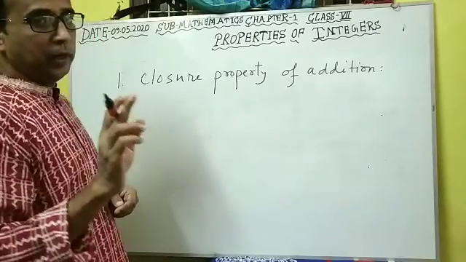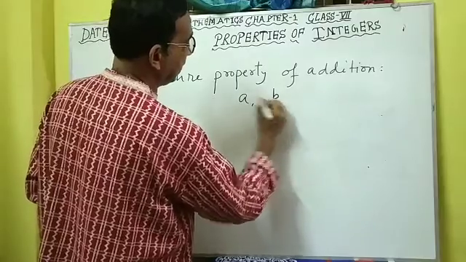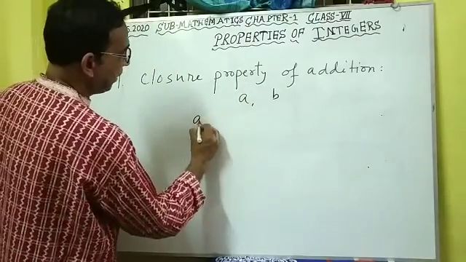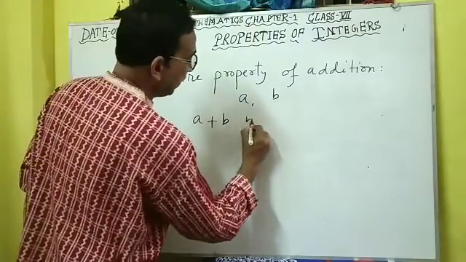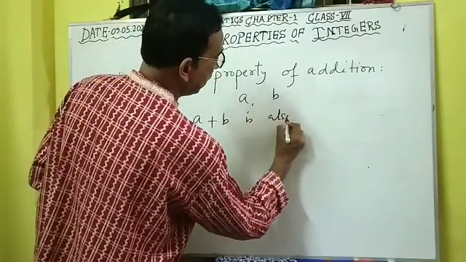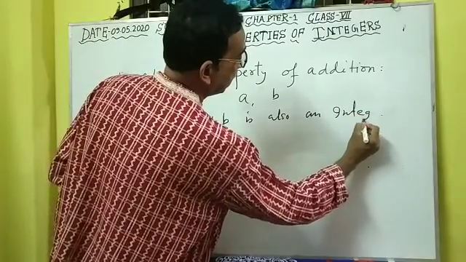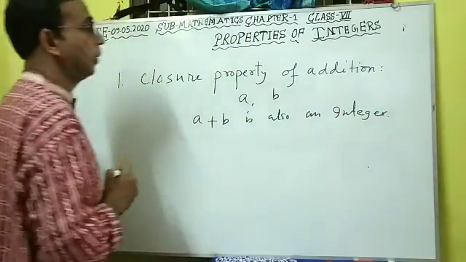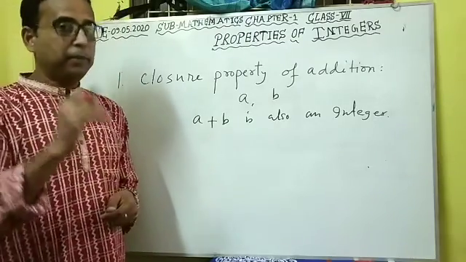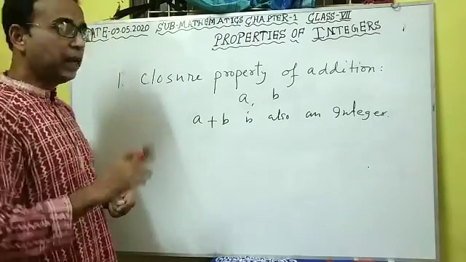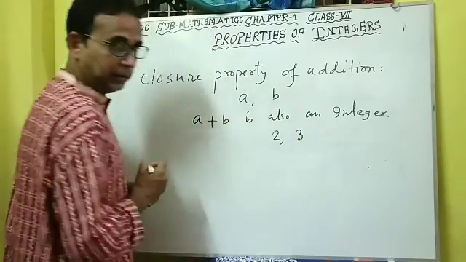For any two integers a and b, the sum of two integers is also an integer. For example, consider two integers 2 and 3.